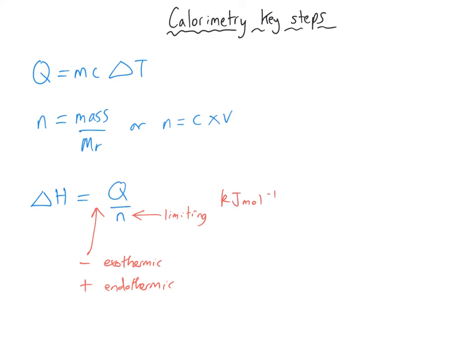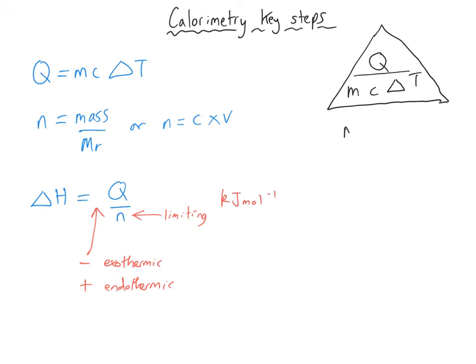Now that's the standard way of approaching these calculations. There are a couple of different ways that they could get you to use all these relationships in a different order. And so to help you approach that, there is a formula triangle. Not everybody likes formula triangles, but there's a formula triangle for Q equals mc delta T, and it's got Q on the top and the other three terms on the bottom.